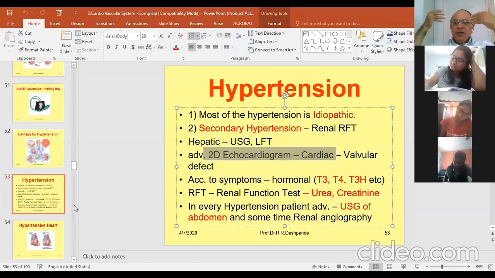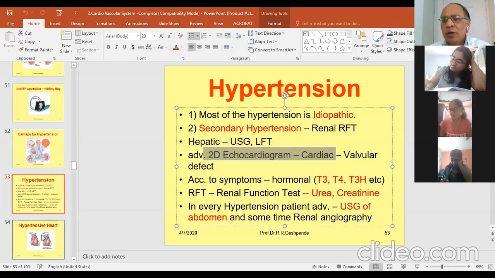Mitral regurgitation, tricuspid regurgitation, that is, blood is coming back. Aortic regurgitation. Regurgitation means coming back. Usually the valve is meant for unidirectional flow, but because of the obstruction, the blood is coming back. So you can detect all these things when you do the 2D echo.